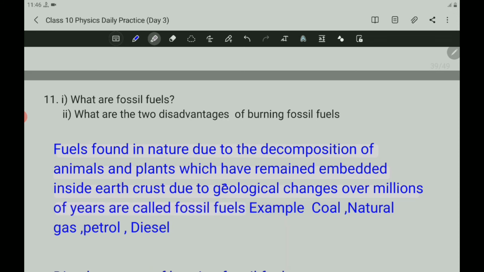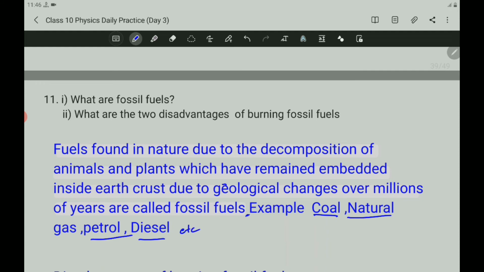Then you write the examples. Examples of fossil fuels are coal, natural gas, petrol, diesel, etc. You can write etc. here.